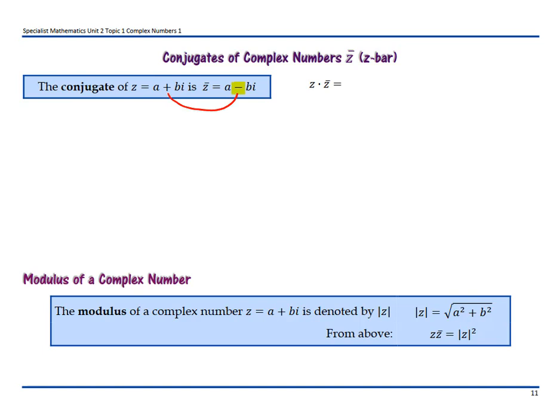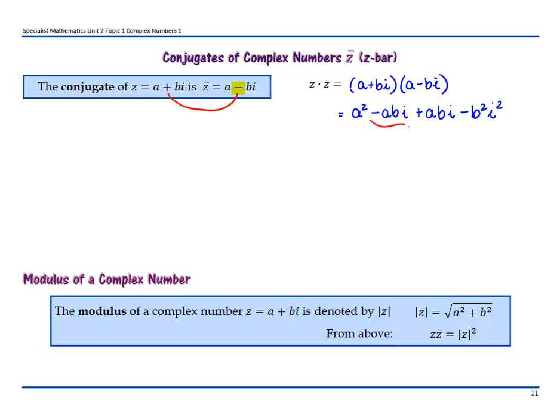And you'll note that when we multiply a complex number by its conjugate, so a plus bi times a minus bi, expanding just like we would in algebra, a times a is a squared, a times negative bi is minus abi, bi times a is plus abi, and bi times negative bi would be negative b squared i squared.